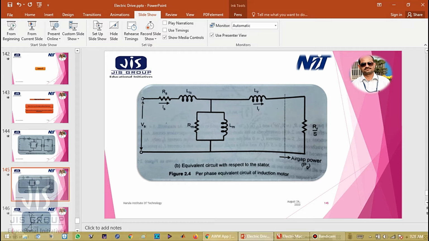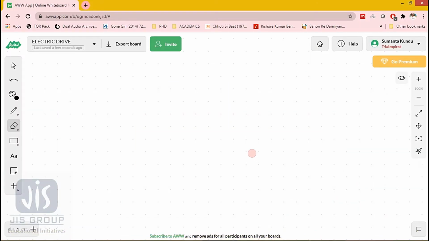Again we know from our basic knowledge that current changes in inverse ratio. So if we apply this, IR by IR dash equals, it is the stator side, IR the current in the stator side, so inverse ratio.